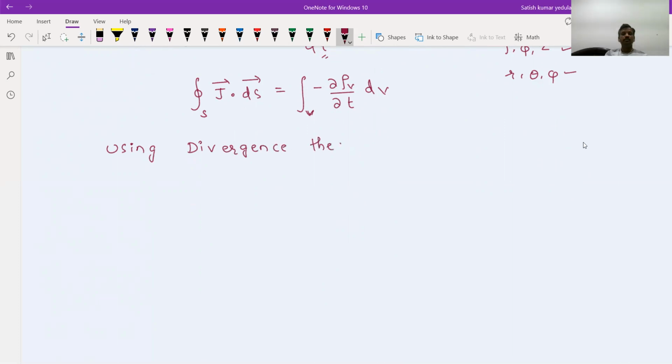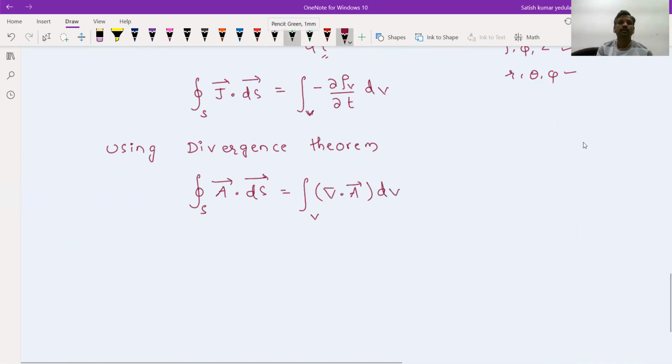Using the divergence theorem, let us write a general expression for it: the closed surface integral of a vector A dot dS will always be equal to the volume integral of the divergence of that vector, dV.